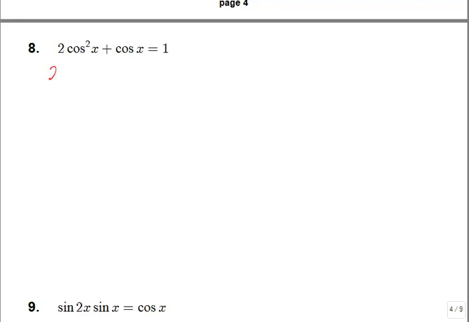If we are to subtract that 1 over to the left side, this is now going to take on the form of sort of like a trinomial. Imagine instead of having cosine x in there, instead call it y. This would be similar to 2y squared plus y minus 1 equals 0.